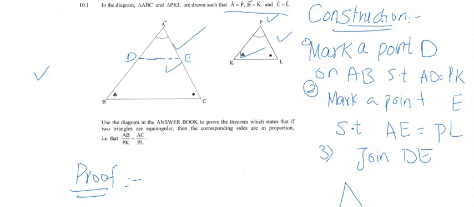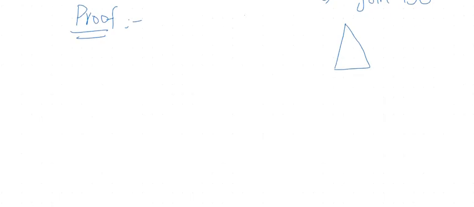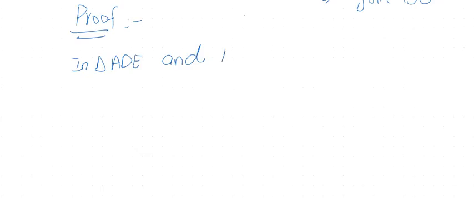So in triangle ADE and triangle PKL, what do we have? This is the first point. The second point would have to prove that AD equals PK.